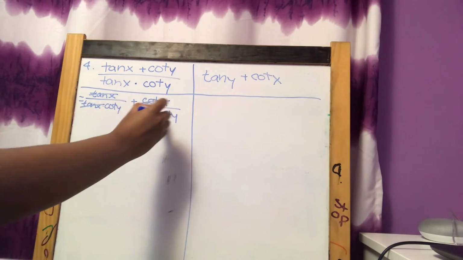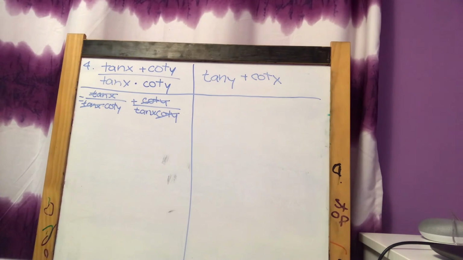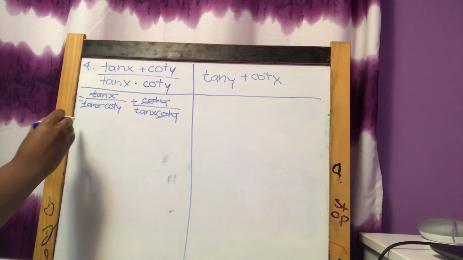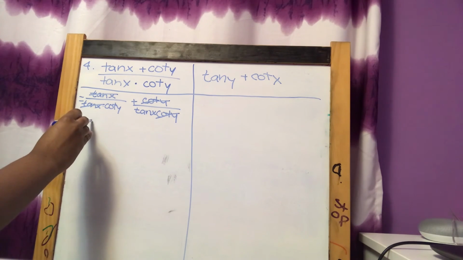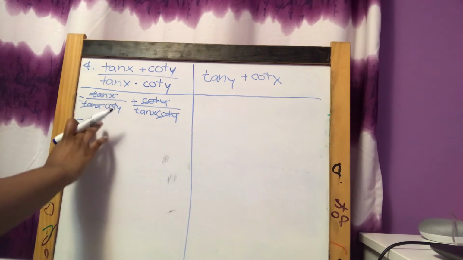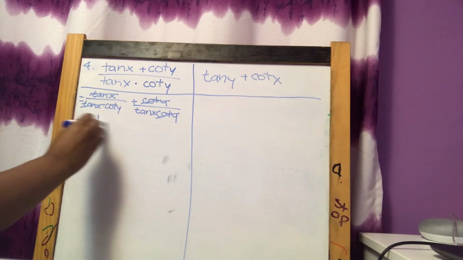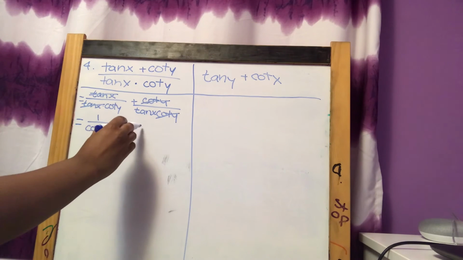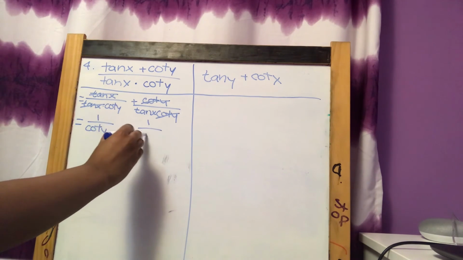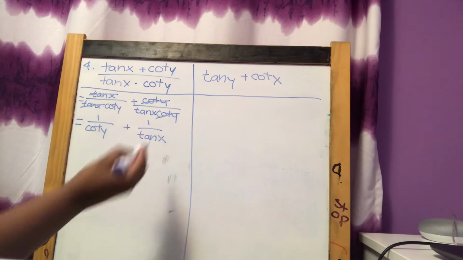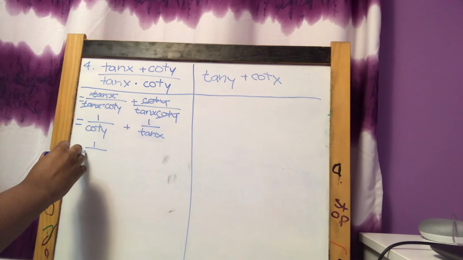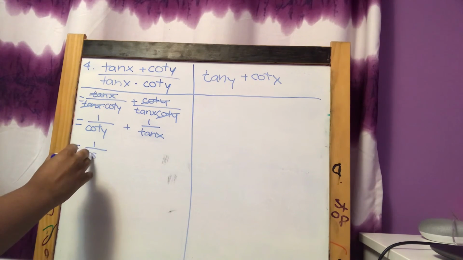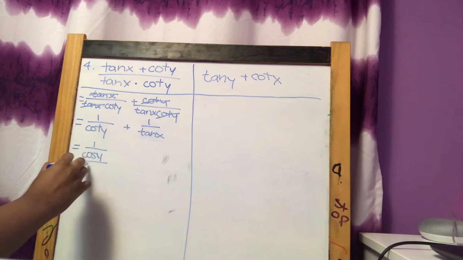And so since I already have like terms, I'm just going to cross them out. What's left is just cotangent y and tan x in the denominator. So I'm going to put 1 over cotangent y plus 1 over tan x. This is where I figured out, okay, now I can finally convert.